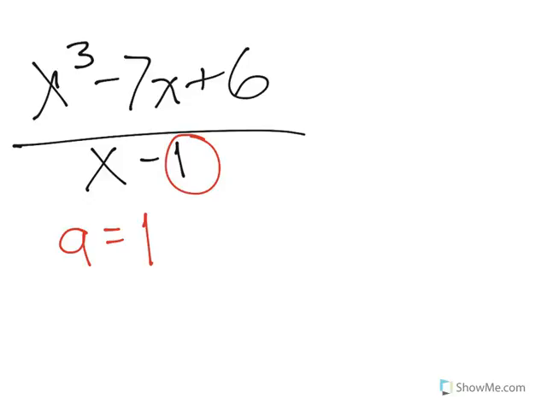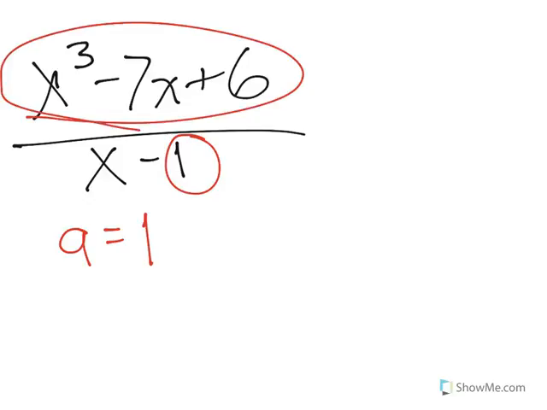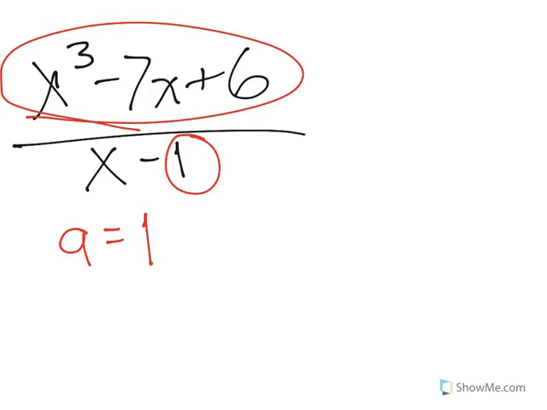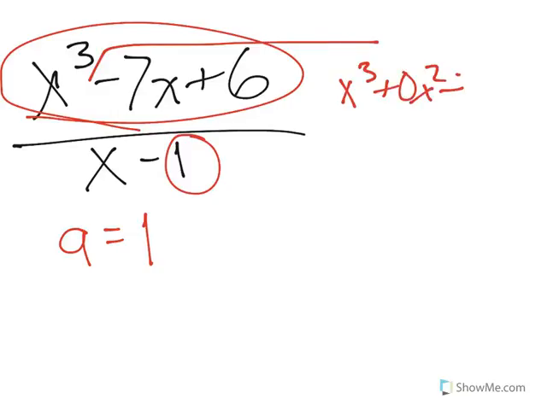We already have the top polynomial in descending order. We will just add the term for x squared, so it's x cubed plus 0x squared minus 7x plus 6, which doesn't change anything, and we will divide that by x minus 1.